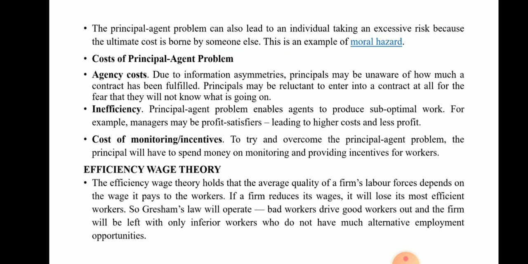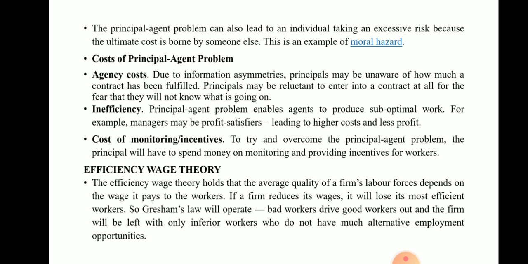Principals may be reluctant to enter into a contract at all for fear that they will not know what is going on. Inefficiency. The principal agent problem enables agents to produce suboptimal work.